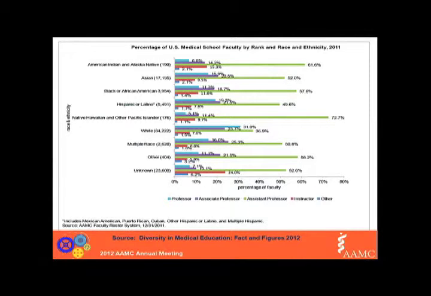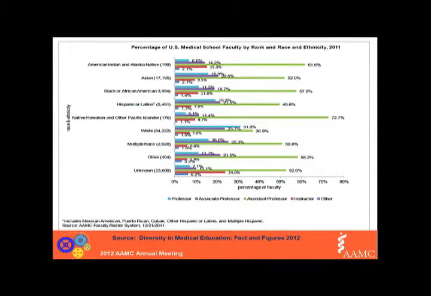It is clear that there's been a relatively flat line to any increase in diversity amongst faculty in U.S. medical schools by race and ethnicity. Okay?